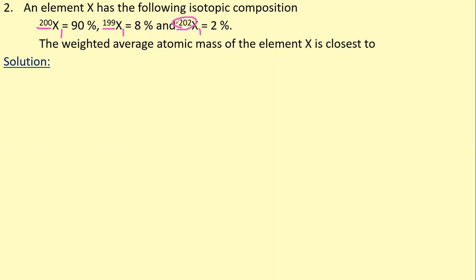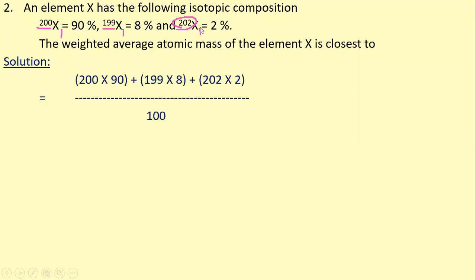So now the weighted average atomic mass of the element X is closest to what? This is the question they asked. See, first, based on this data I have simplified it as the mass number 200 multiplied by this 90, and now 199 into 8 from the second one and 202 into 2.